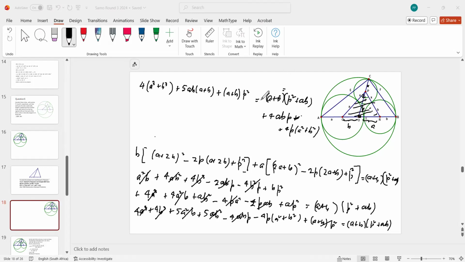Well, let's put this on that side. So I got an a plus b as a common factor, and I got an equal sign here, like that. Now, a plus b comes out as a common factor here.